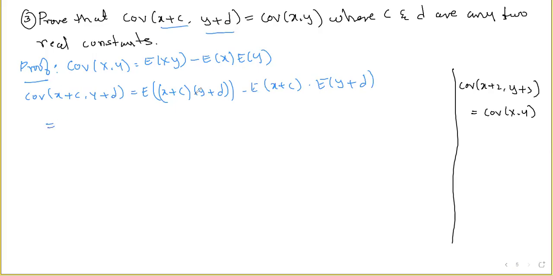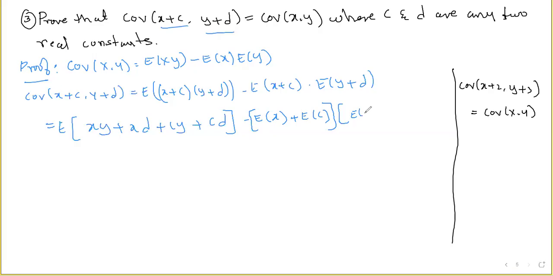Now again there are two terms, multiply, expectation will be outside here, x into y, xy plus xd plus cy plus cd, minus, here what we have, expected value of x plus expected value of c into expected value of y plus expected value of d, right?